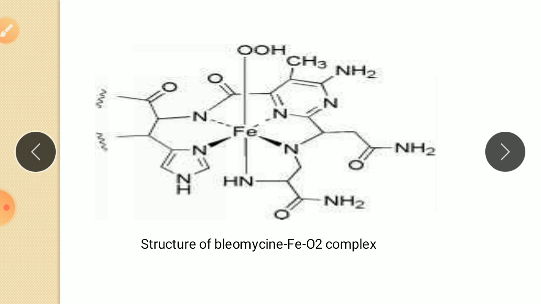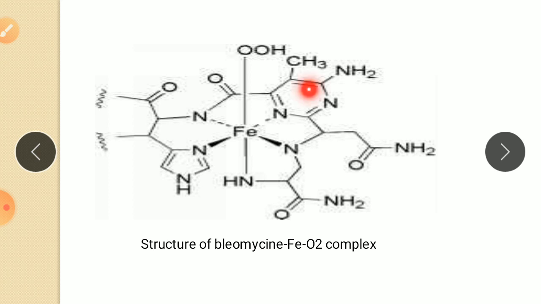This complex has a square bipyramidal geometry, and this results in the production of ROS, reactive oxygen species, in the form of superoxide and hydroxide free radicals, which initiate single strand breakage of the phosphodiester backbone and release of DNA bases by oxidative cleavage of the 3-4 bond of the deoxyribose moiety.